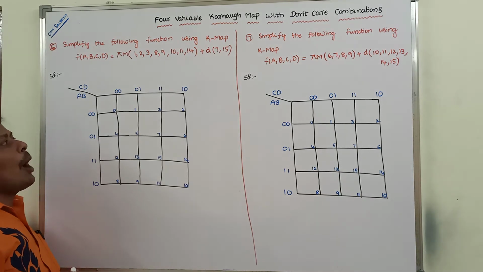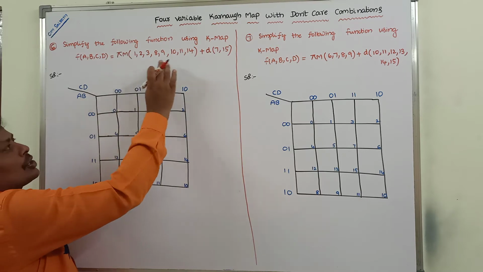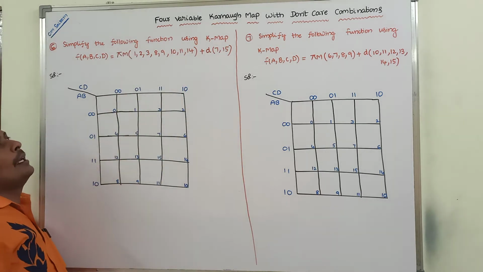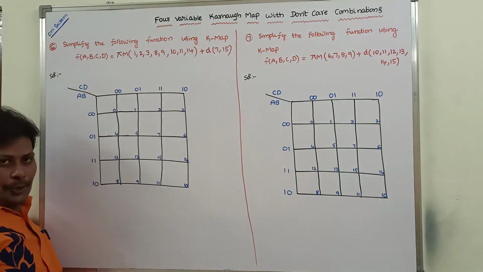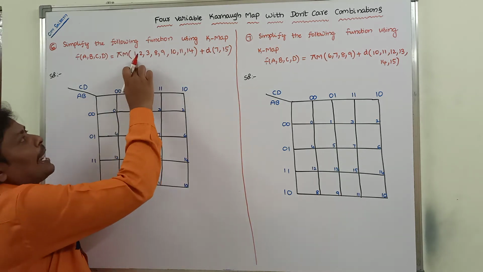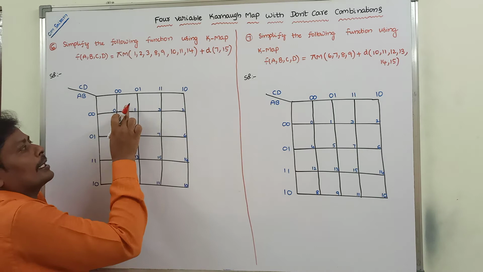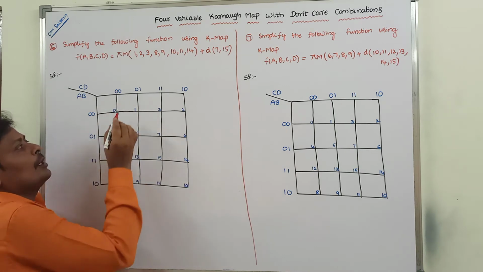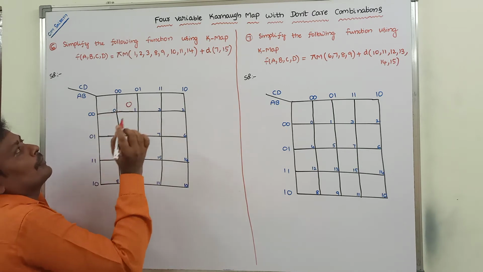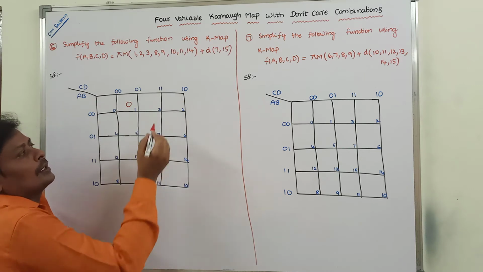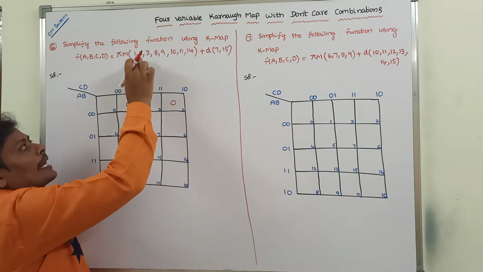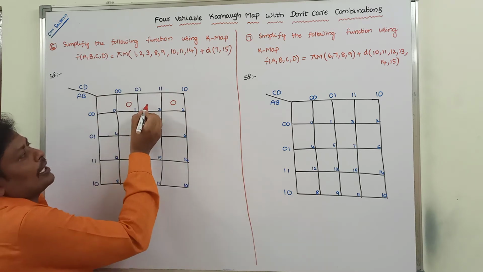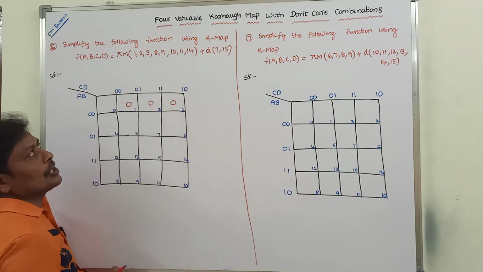Now, whatever max terms are given, at the corresponding cells we insert zeros. Max term 1, the corresponding cell is this one, we insert 0. Max term 2, the corresponding cell is this one, we insert 0. Max term 3, this one, we insert 0.